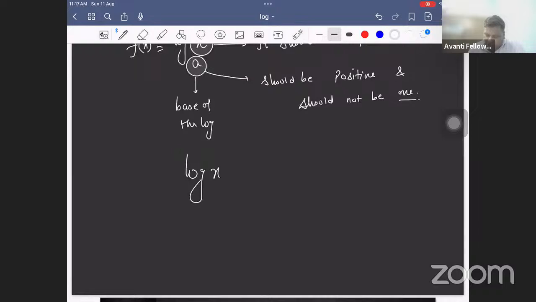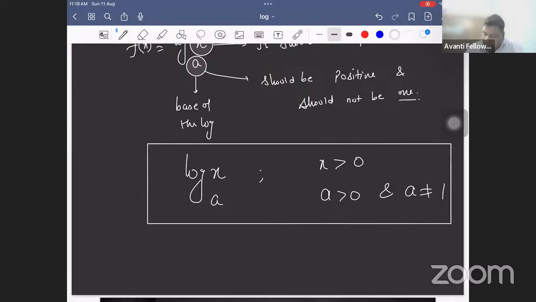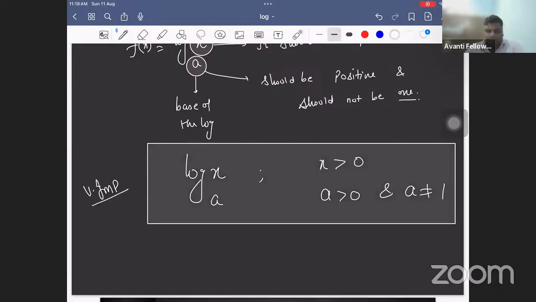Means log x base a is defined only if x is greater than 0, a is greater than 0, and a should not be 1. Very, very important. Got it? So it is defined if the component is positive, the base is positive, and the base is not equal to 1.